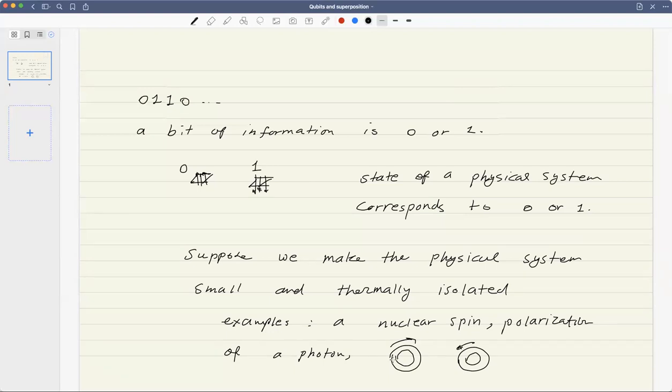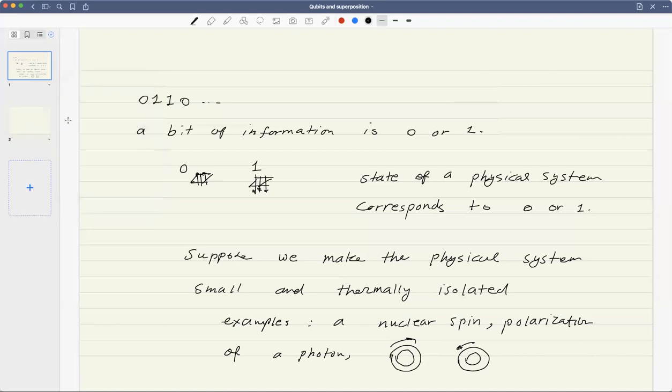Again, these are examples of an effective two-level system, and if you make them very small and isolated, this classical picture that is either this or that, it's just a binary, is not going to work. It's not going to be able to explain experimental observations.